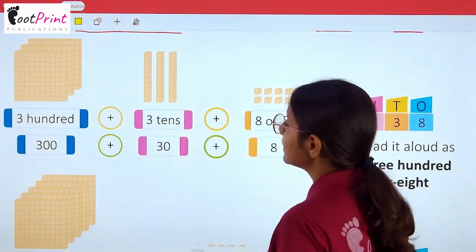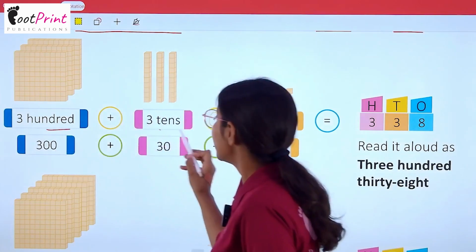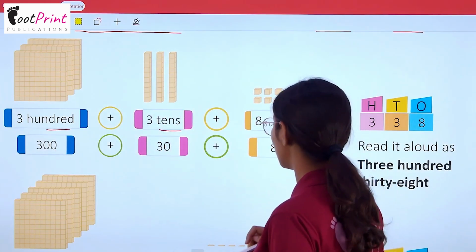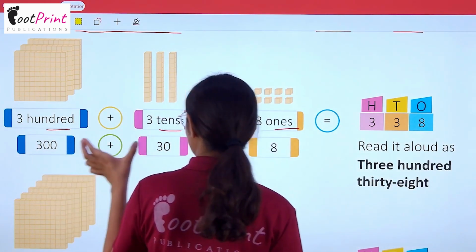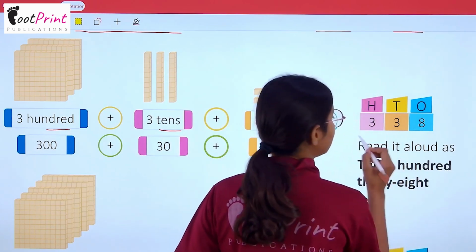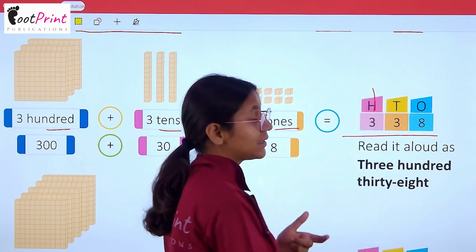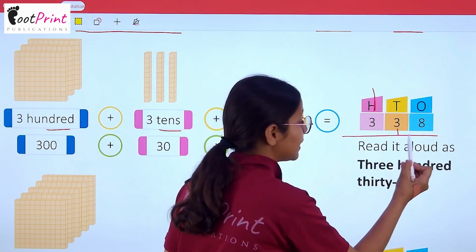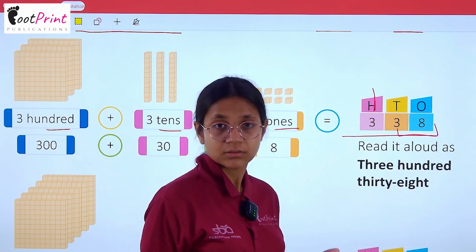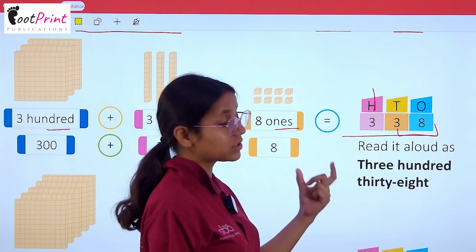Now, here 300 plus 3 tens and 8 ones means 300 plus 30 plus 8 makes 338. So, how do we read it? Firstly, the hundred, that is 3, and the rest tens and ones together, 38. So, 338.